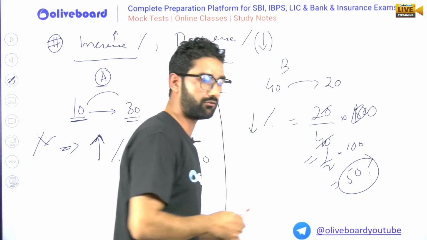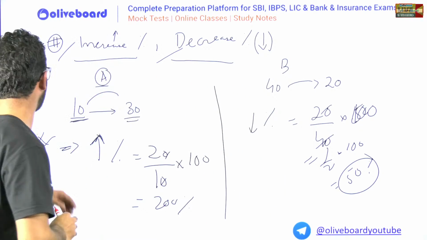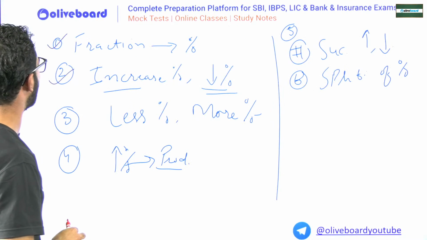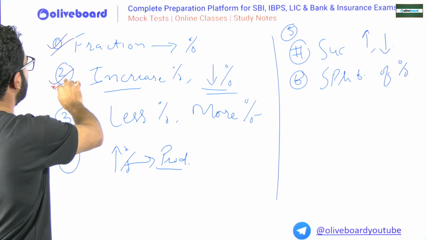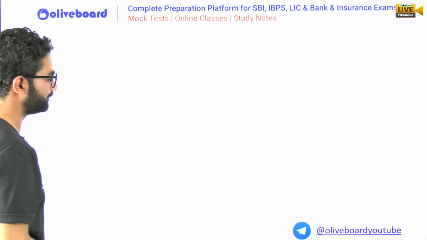So we have calculated increase percentile and decrease percentile as well. This category is completed. Now this is more and less. How to calculate more and less?